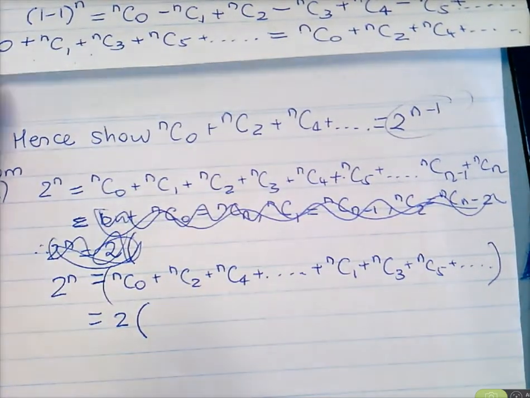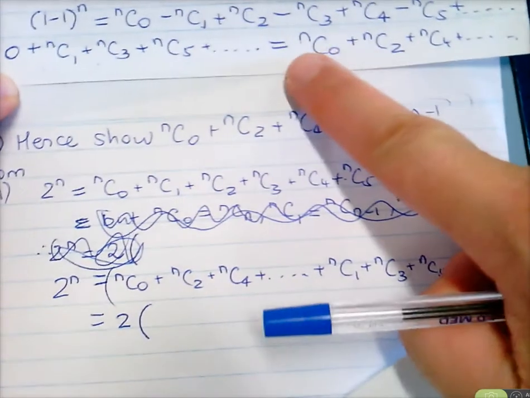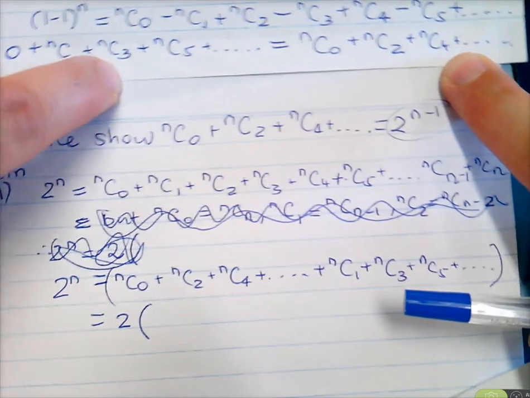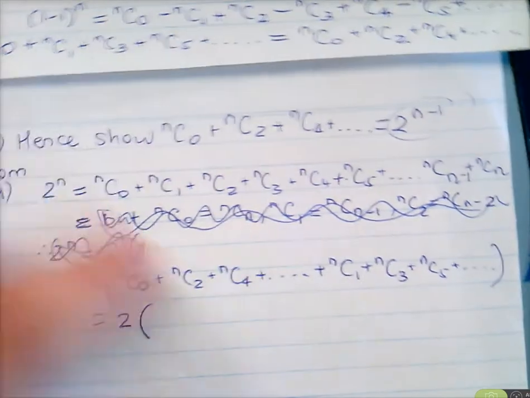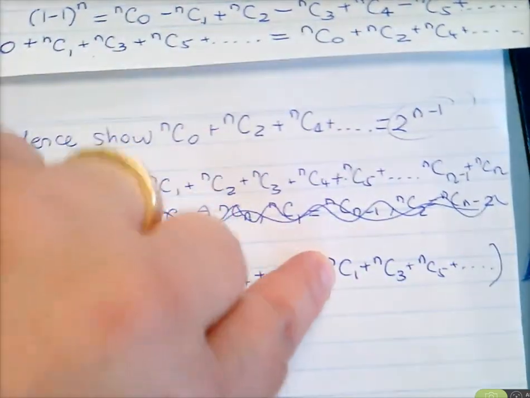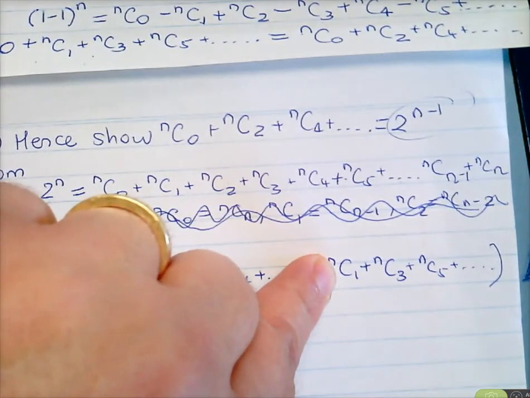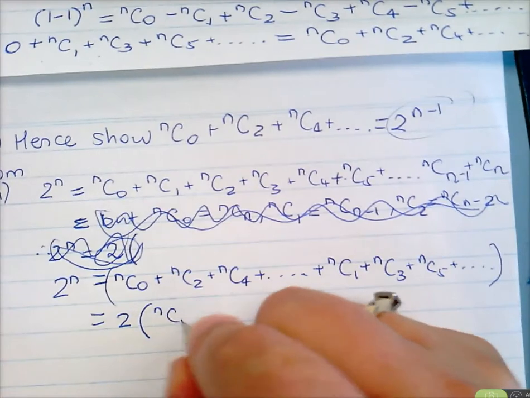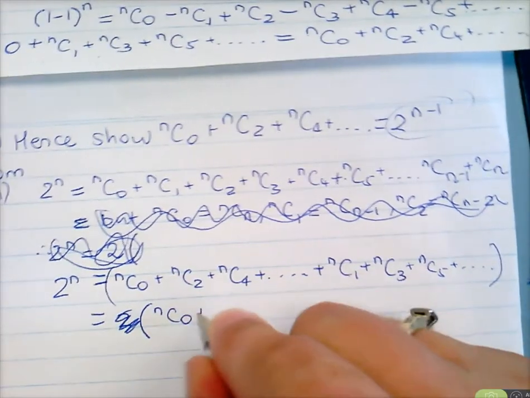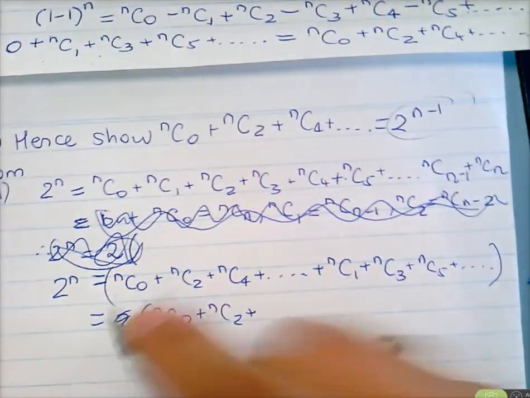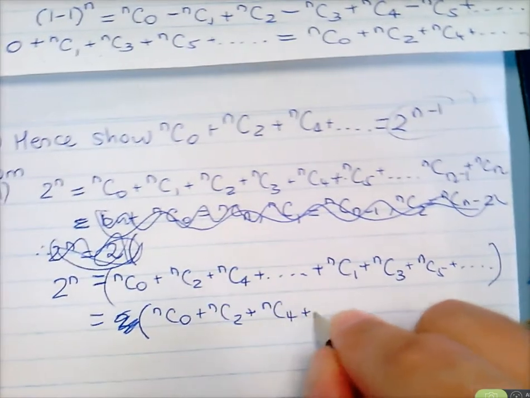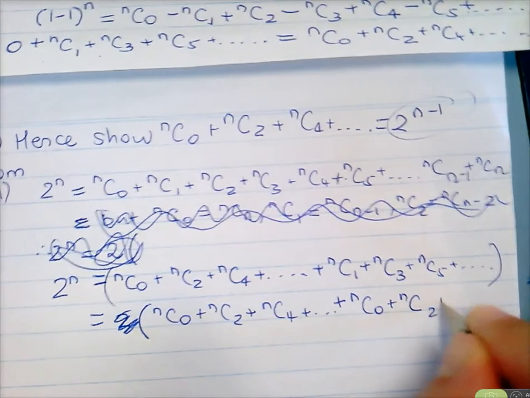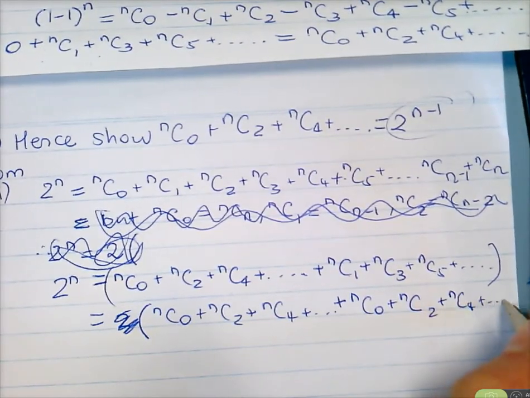From this part before, NC0 plus NC2 plus NC4 equals NC1 plus NC3 plus NC5. So let me replace the odds, because we're trying to show that it's all the evens. So I can go NC0 plus NC2 plus NC4 plus NC0 plus NC2 plus NC4 plus dot, dot, dot.